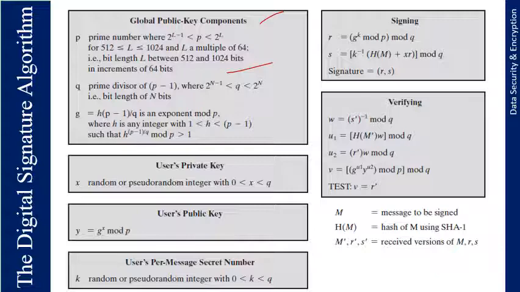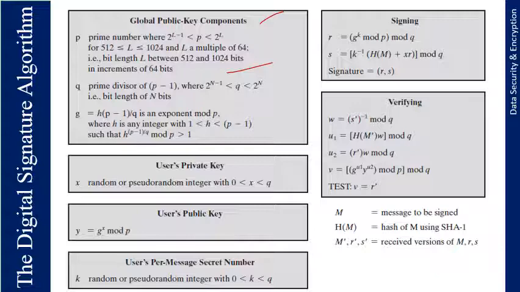The variable g is chosen to be of the form h to the power of (p minus 1) over q mod p, where h is an integer between 1 and p minus 1, with the restriction that g must be greater than 1.